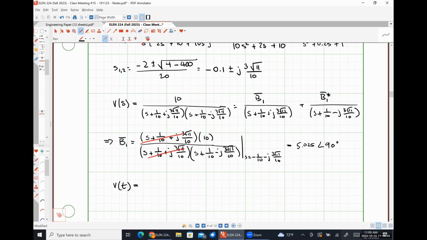On our sheet, it looked like number 15 or something like that, right? So I'm going to multiply this magnitude by 2. So that's going to give me 10.05 and some change.